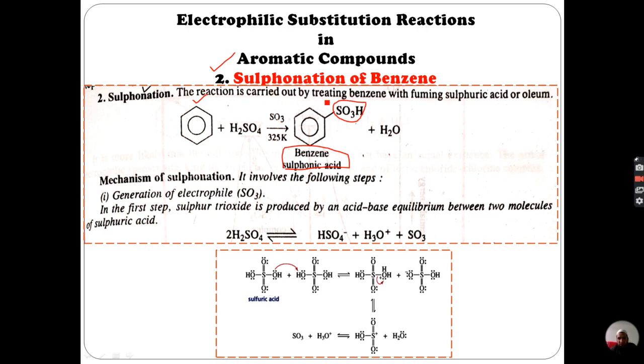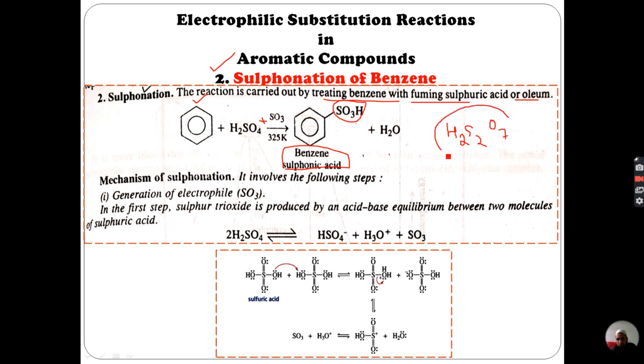We do this by treating benzene with very important fuming sulfuric acid or oleum. What is fuming sulfuric acid and oleum? It is basically a combination of sulfuric acid plus SO3. Now that's called oleum. You can also write it like this: H2S2O7.